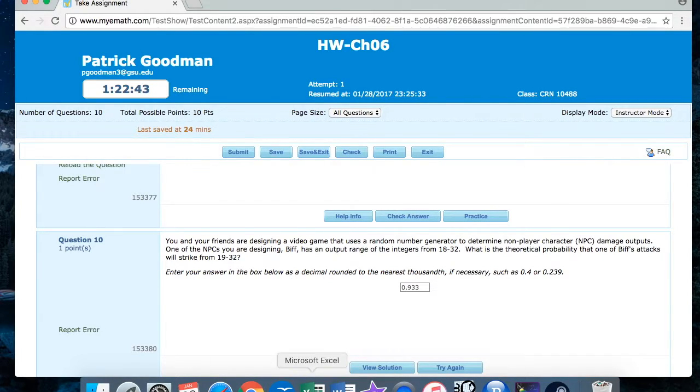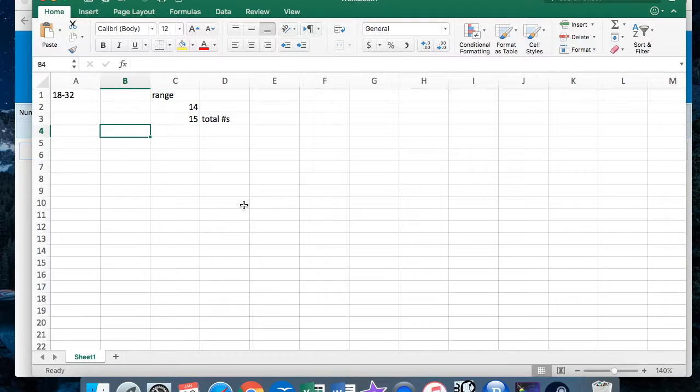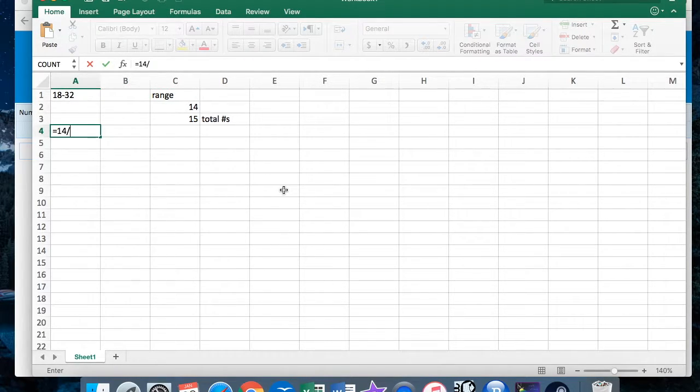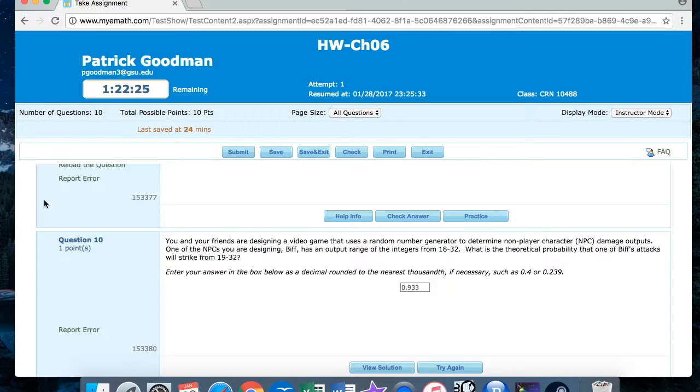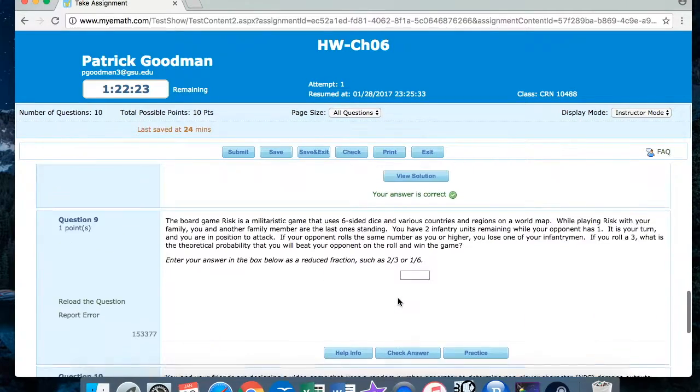Well, if there's 15 total different outputs, and we're using 14 of those, the probability that it would be one of those would just be your 14 divided by the total outputs. So 93% approximately, and that's what I put there. Okay, so that's that one.